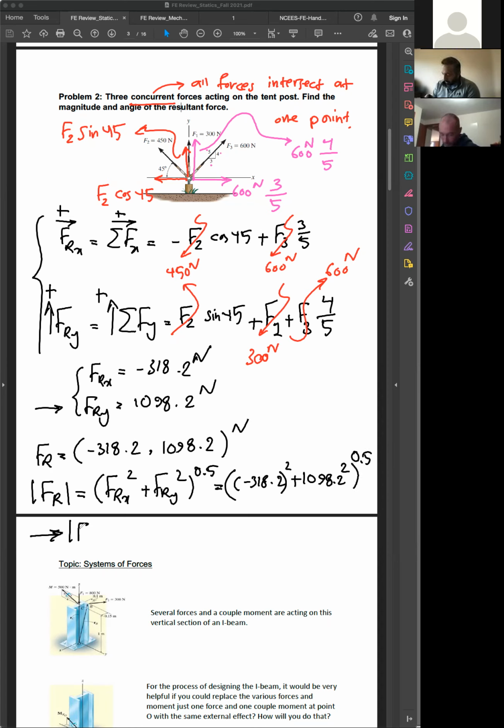From this, FR will be equal to 1143.4. This is the magnitude.